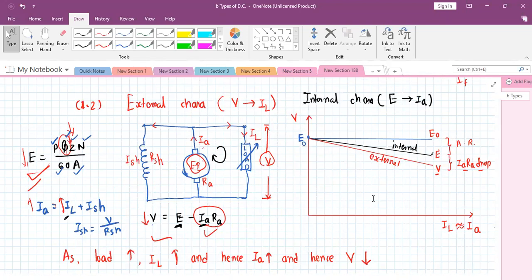Now try to draw your own DC series characteristics. Write down the heading, characteristics of DC series generator.